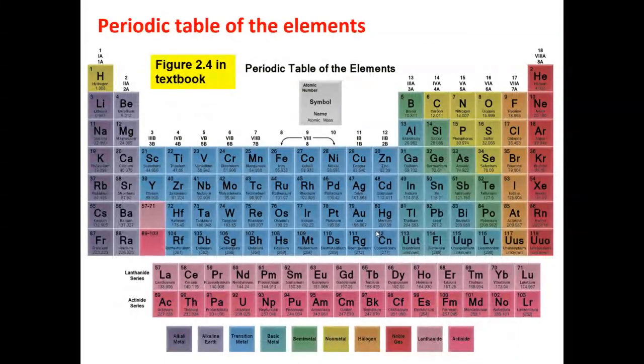We said that almost all carbon atoms have a mass number of 12, but this number, 12.011, is just a tiny bit higher than 12, because this atomic mass is supposed to be the average mass number of all the carbon atoms in the universe.